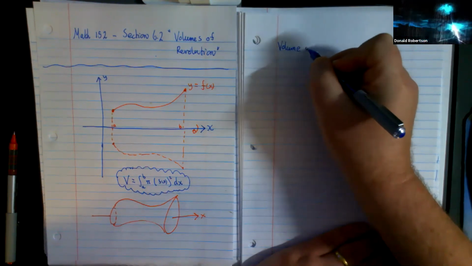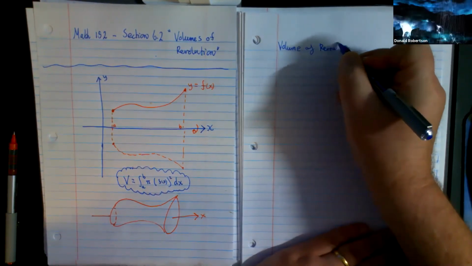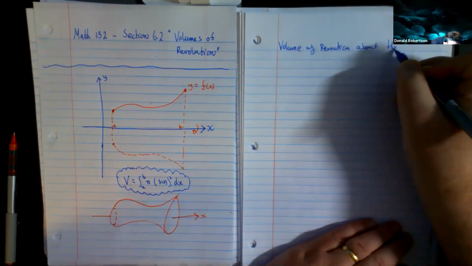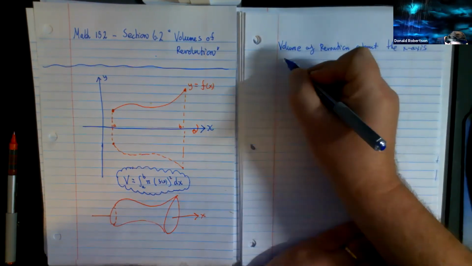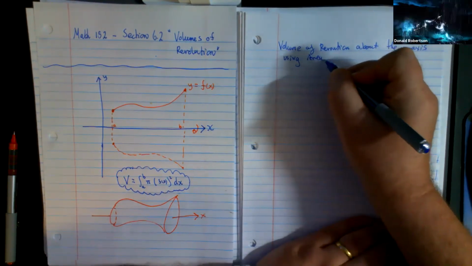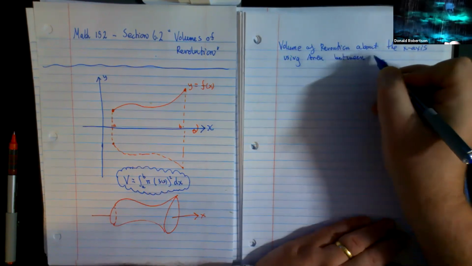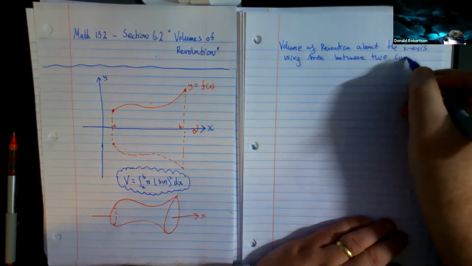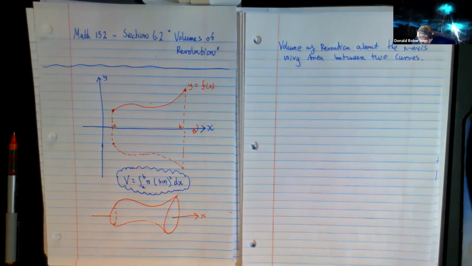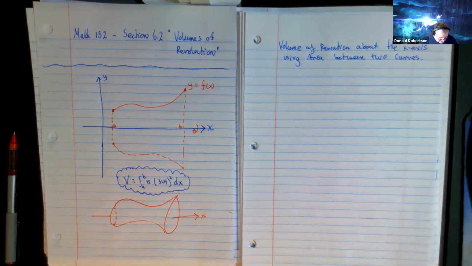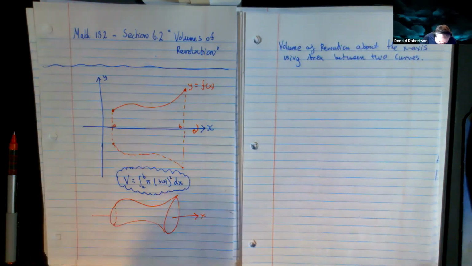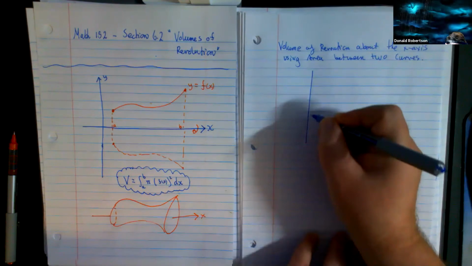Volume of revolution about the x-axis using the area between 2 curves. Try and show you what's going on here.